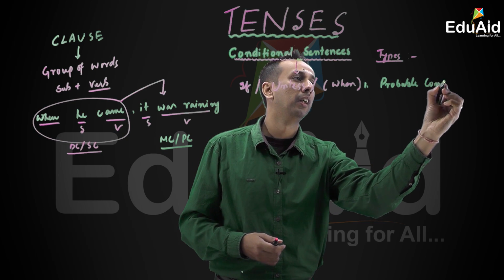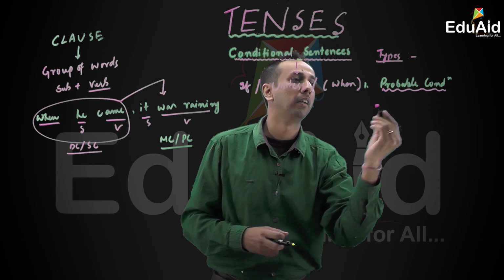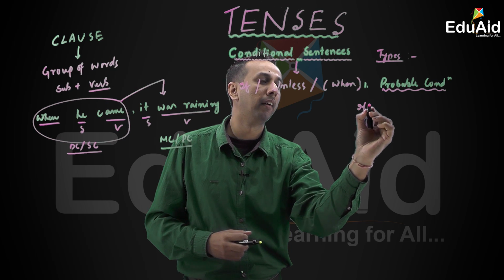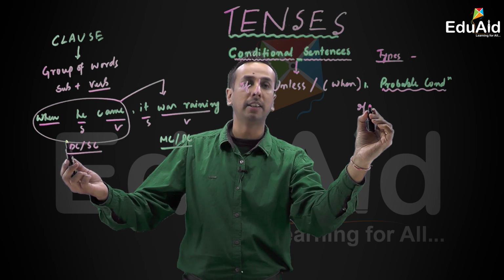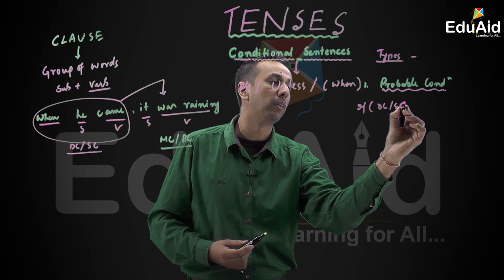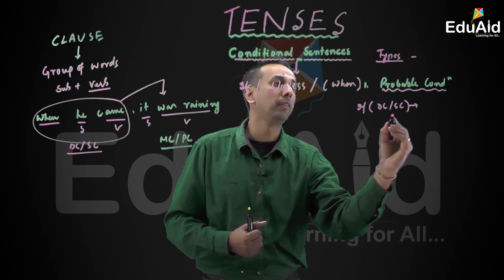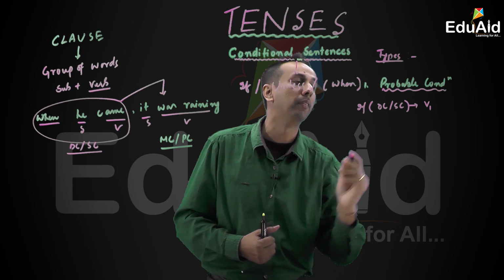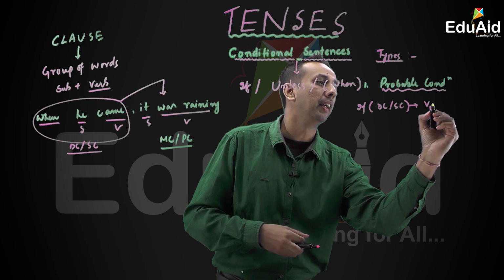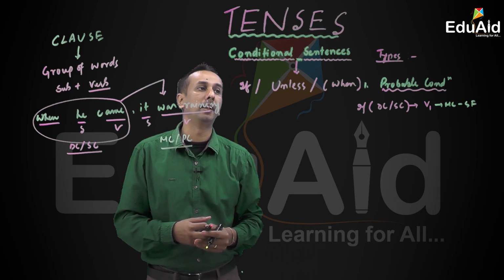In the probable condition, the if clause, which we can call the DC or SC, dependent clause or subordinate clause, will be in simple present tense, which we call V1. The if clause will be in simple present tense and the main clause will be in simple future tense.